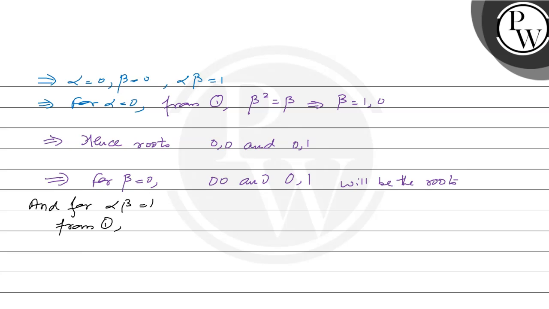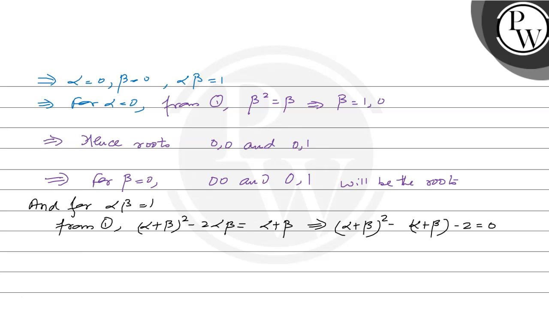I will get alpha plus beta whole square minus 2 alpha beta equal to alpha plus beta. And when I am putting alpha beta equal to 1, I will get alpha plus beta whole square minus alpha plus beta minus 2. Am I right?